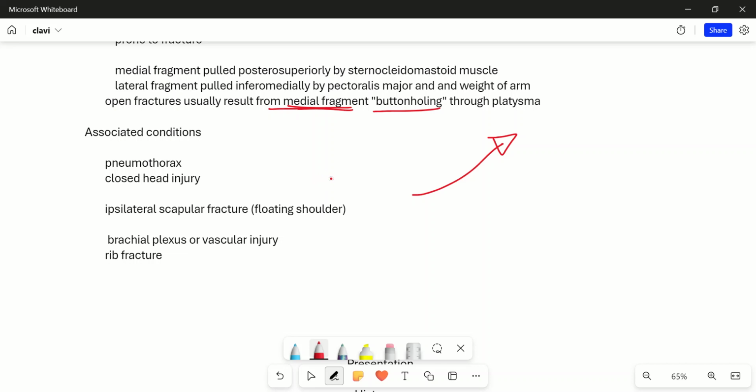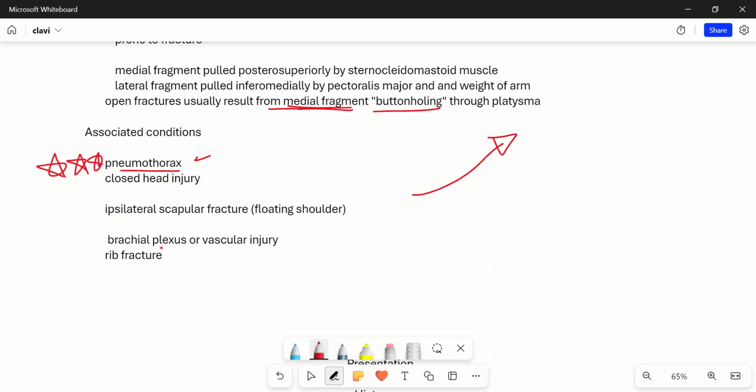Next thing you have to understand: if you see any clavicular fracture in the question, first you have to check if there is any pneumothorax. This is important.